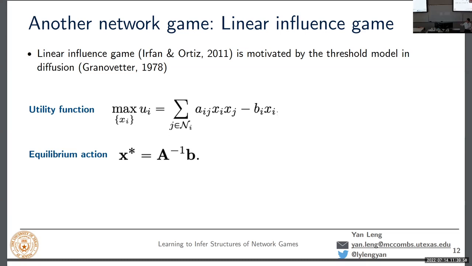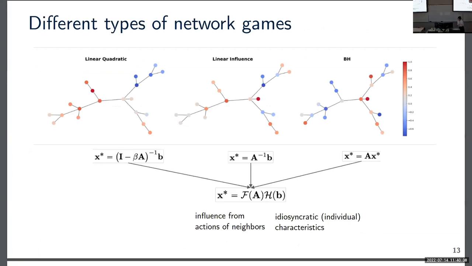And then the equilibrium action has the form that is the inverse of the adjacency matrix and a game-specific individual characteristics. And then we want to use these different games to help us motivate the structure that we study.